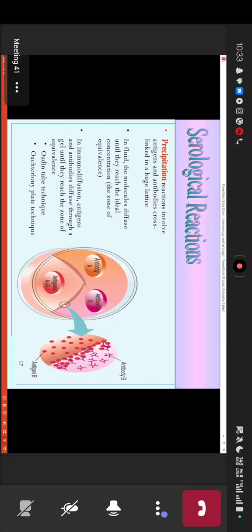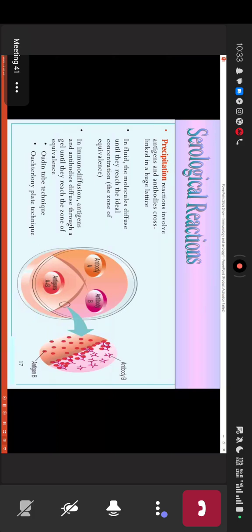So you can understand one thing in this scenario. Whenever any antigen or antibody combine with each other, it forms a complex, and it is in a visible form. So you can visualize it in the form of agglutination, precipitation, neutralization, titration, any form.